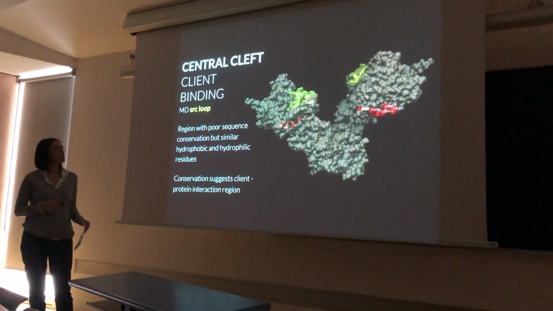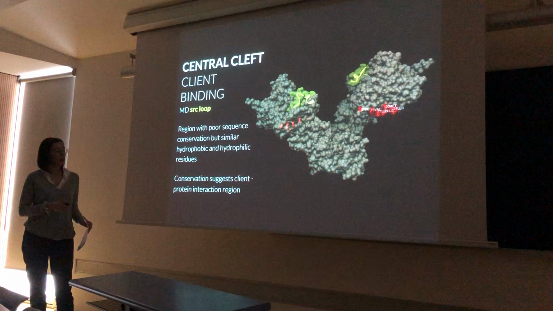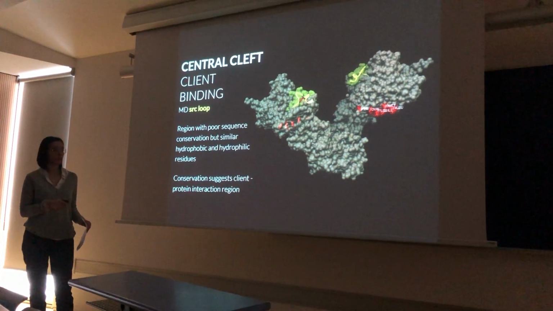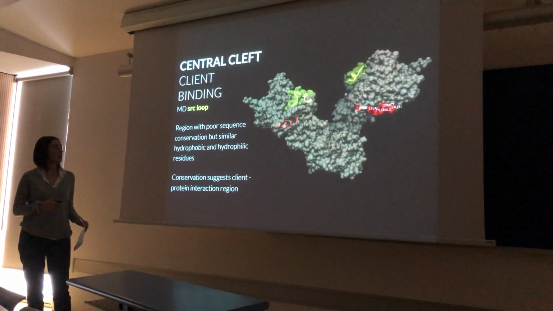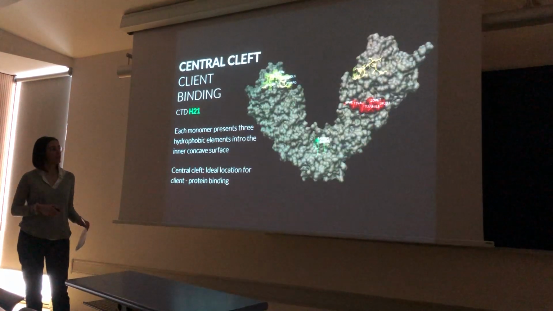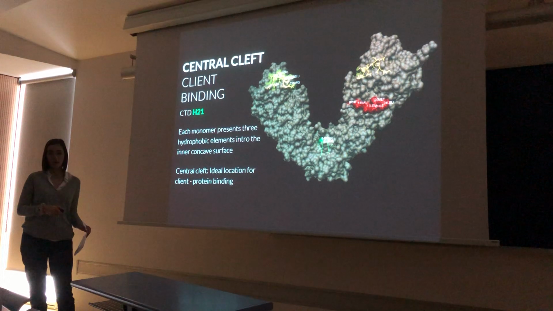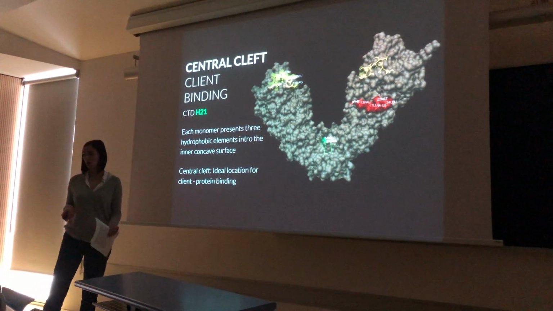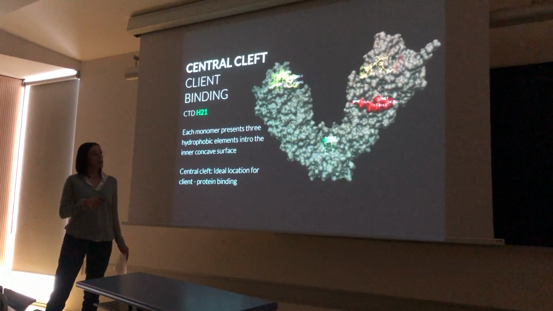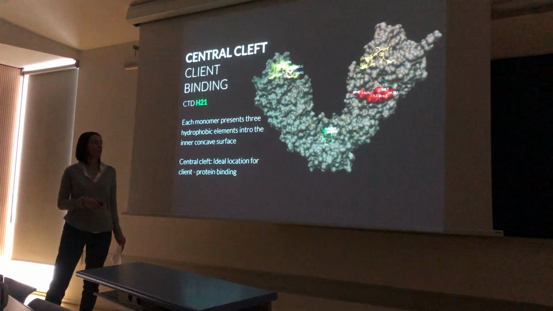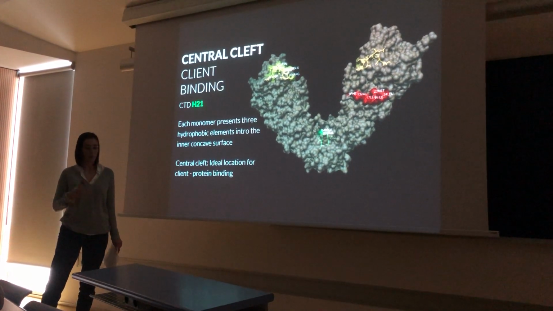In this middle domain, we will have this hydrophobic region over here, which is called the SRC loop. And finally, in the C-terminal domain, we'll have H21, which is the one that I was asking you to remember. And all these will form the central cleft for the client protein to be bound.